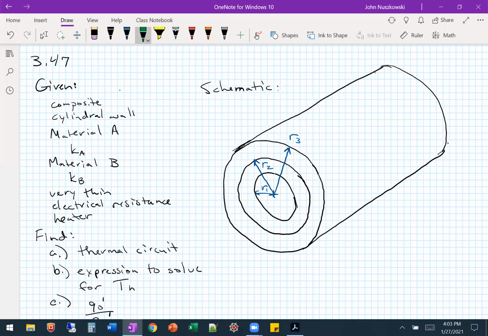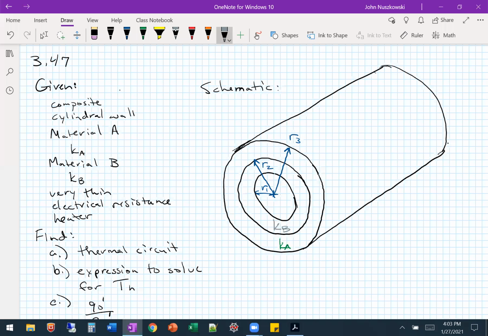All right, so we have two materials. So we have our material A on the outer side, so that would be here, that would be Ka. Then we had material B is on the inner material.